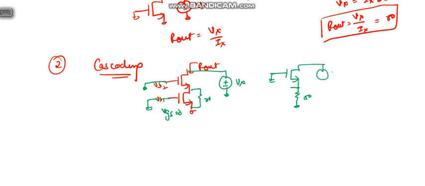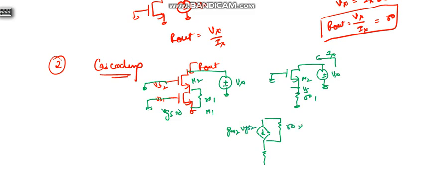Here this is Vx, this is Ix, and this is the source node. So the small signal we can draw like this. Say this is M1, this is RO1, this is M2, this is gm2 VGS2, this is RO2, this is Vx.